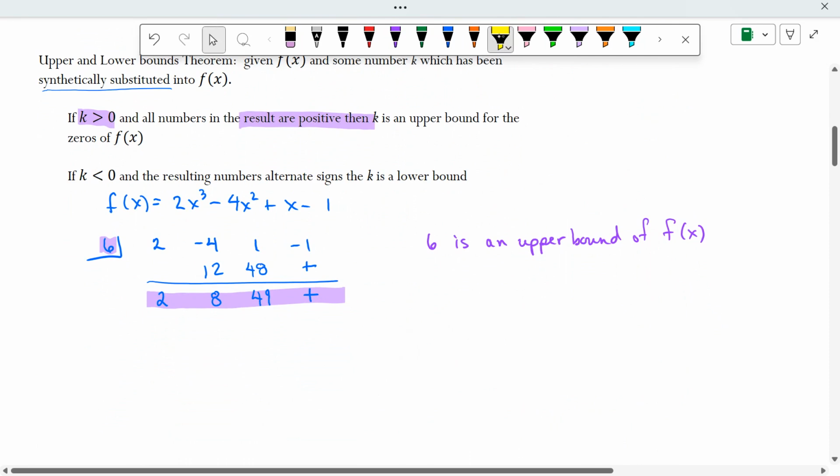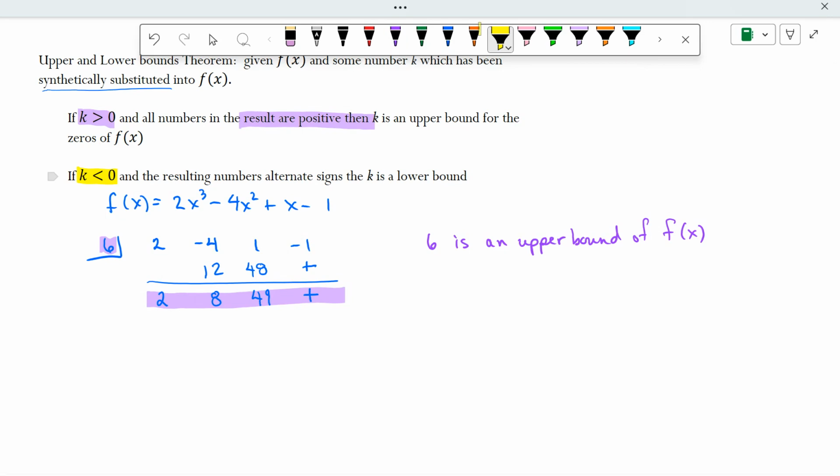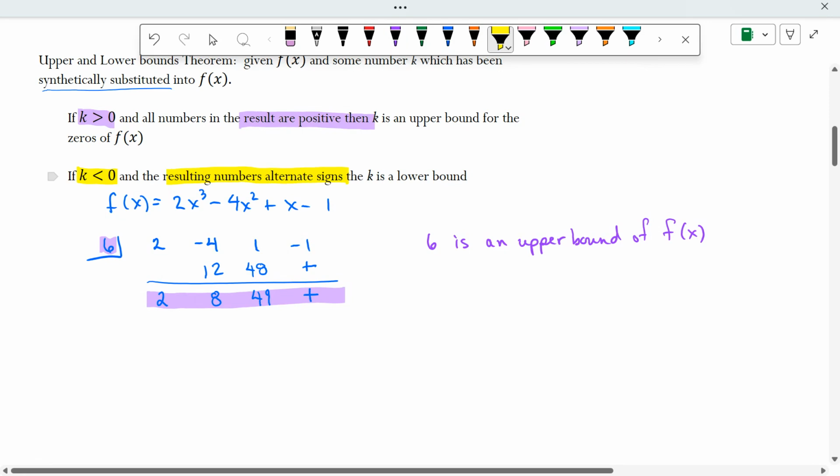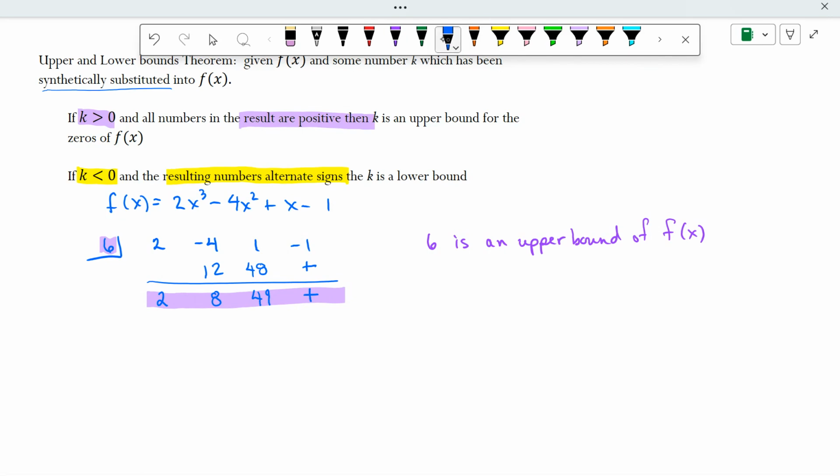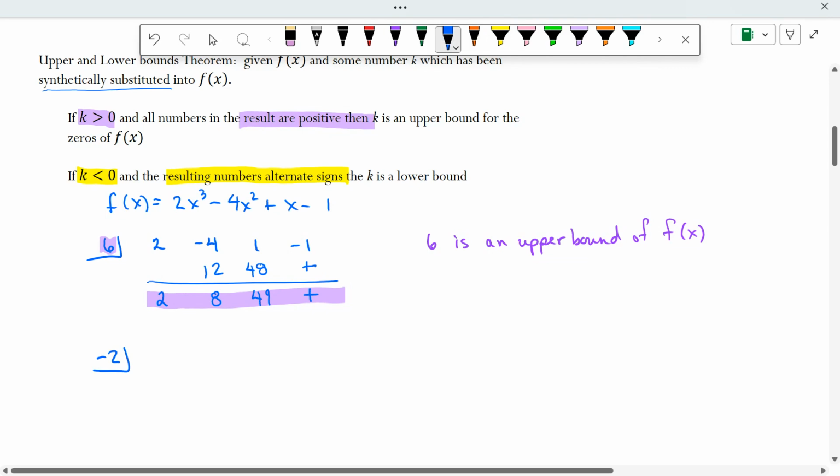Now it also says that if k is negative, so if I'm testing a negative number and my results alternate signs, then k is a lower bound. So if I try negative 2, negative 2 is negative. The number I'm testing has to be negative for it to possibly be a lower bound. That doesn't mean that a positive number can't be a lower bound.